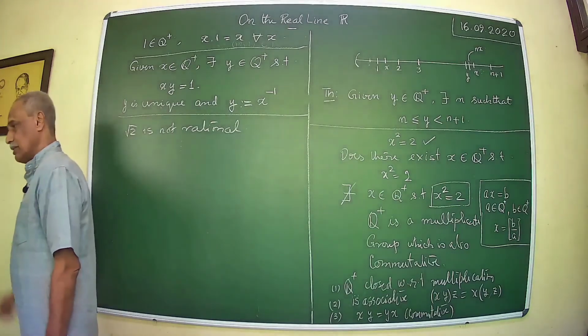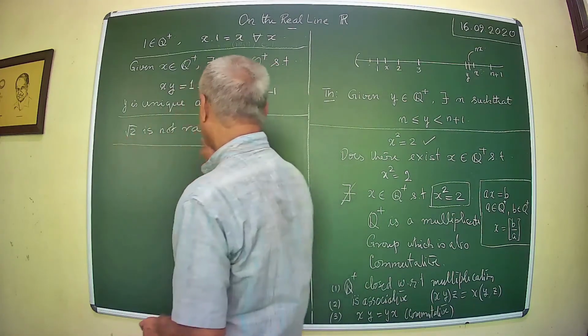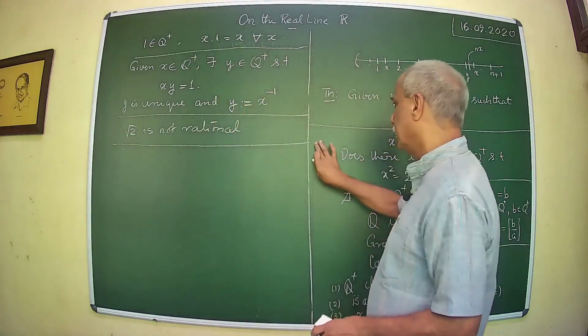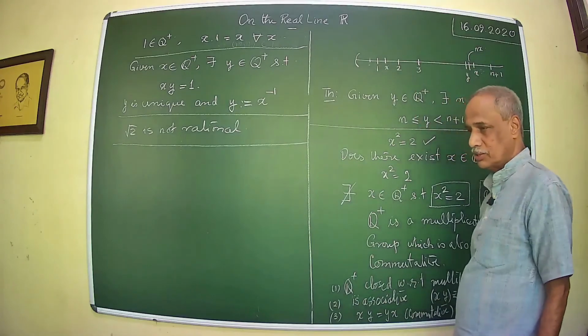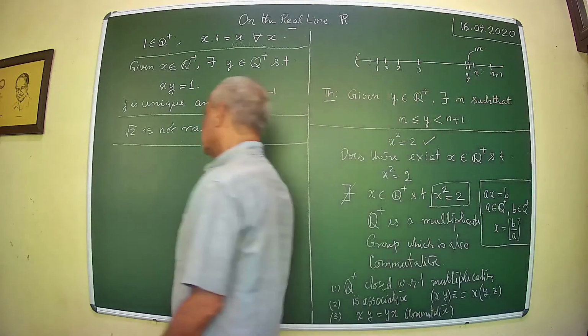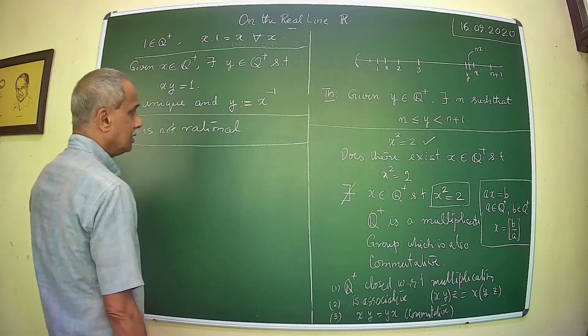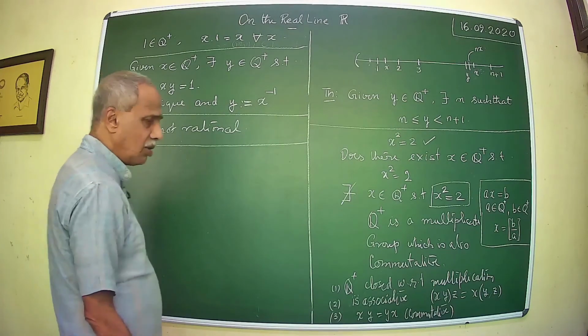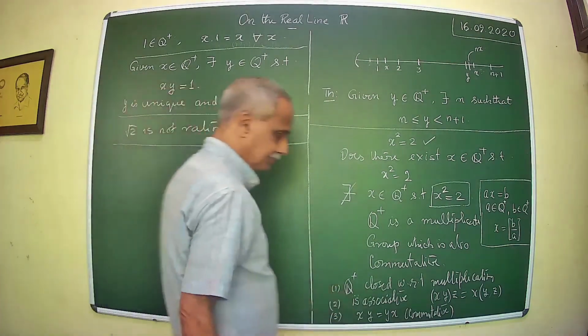So that contradicts our basic assumption. That's how the proof goes, and you can have a look at this. It's probably the first time you come across what is called proof by contradiction. So root 2 is not rational.